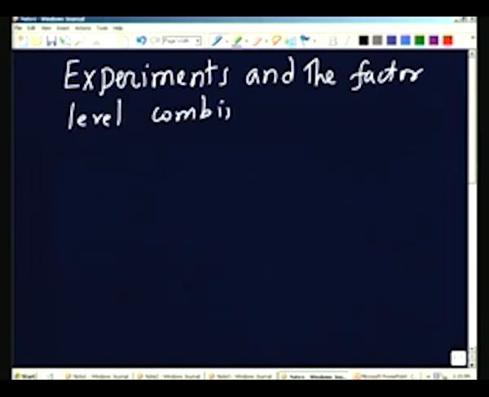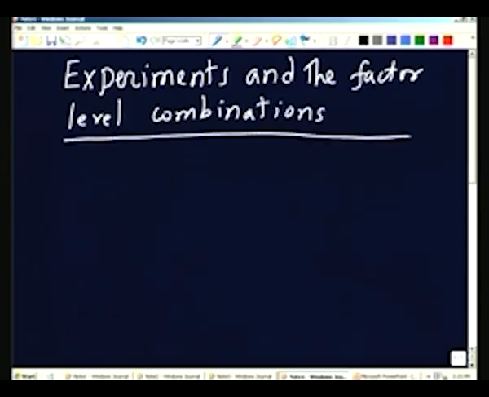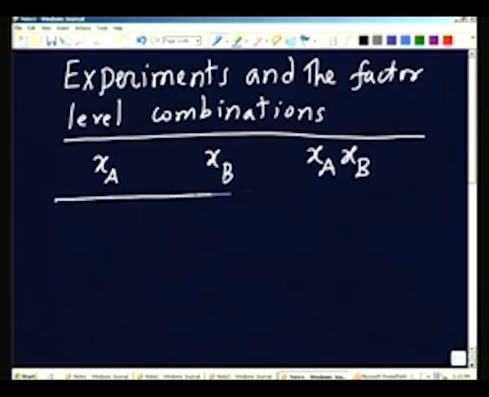I will put it in the form of columns in a matrix again. So, I will say xA, xB. I will also include the product xA xB here, because we will see later that it is also going to be an important thing as far as the effect on the outcome of the experiment is concerned.